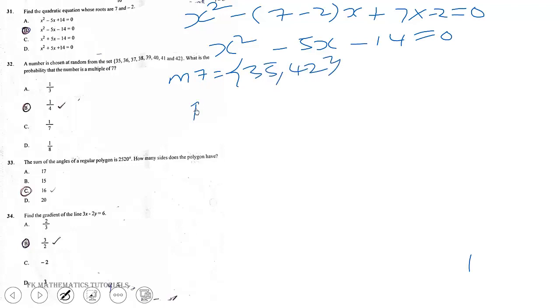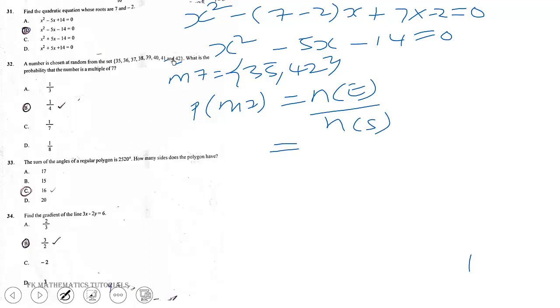So the probability of choosing a multiple of 7 is number of events over number of sample space. Number of sample space: 1, 2, 3, 4, 5, 6, 7, 8. So number of events is 2, so we have 2 over 8, and that will give us 1 over 4. So the correct answer is B.